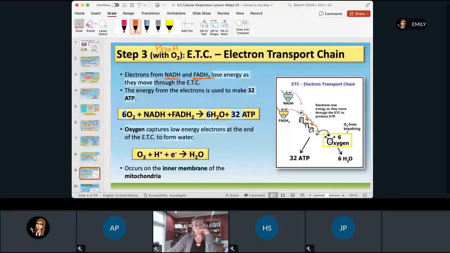Okay, this is where oxygen comes into play and is super important. Oxygen is an input, it's an ingredient here. And this oxygen we get from breathing, or plants and other organisms could have it as a byproduct of something.